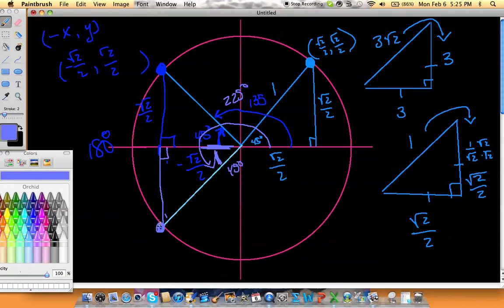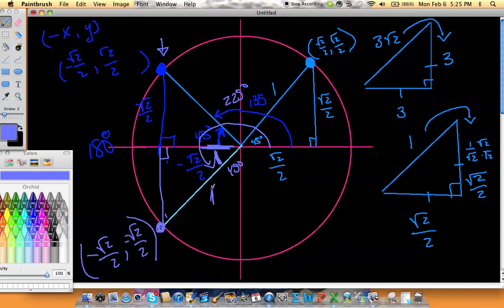And we can see that it's directly below this coordinate here. It's in the same line, it's directly below. So it will have the same x value, negative root 2 over 2. And it's a reflection over the x-axis, so the y value will also be root 2 over 2.